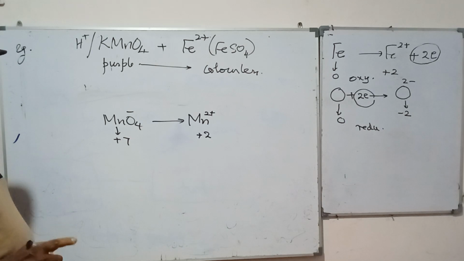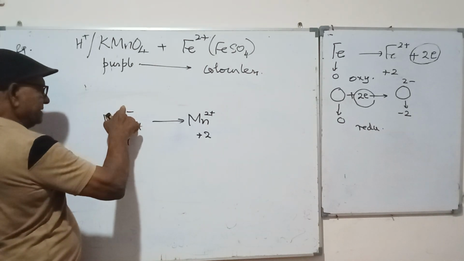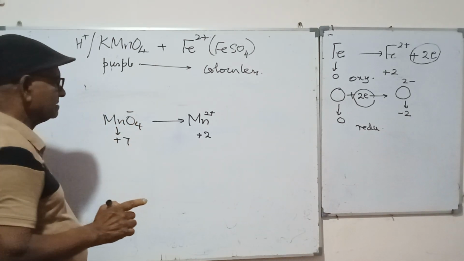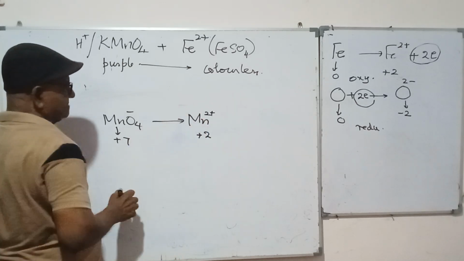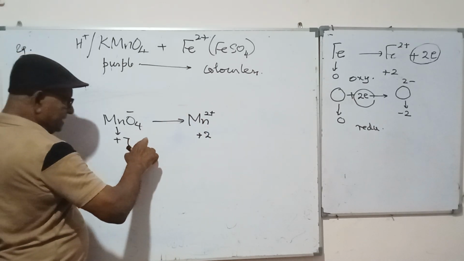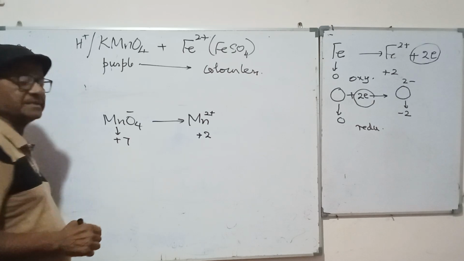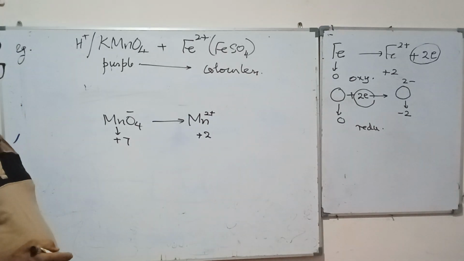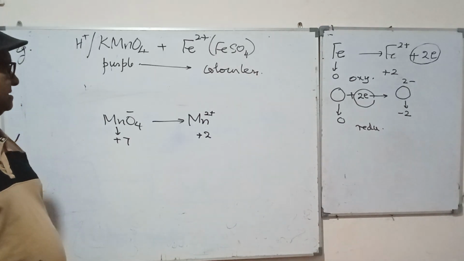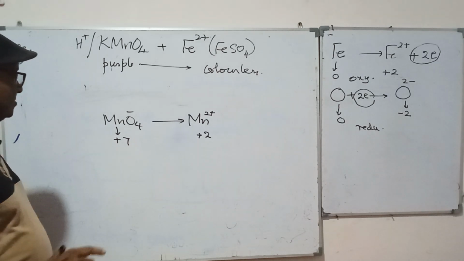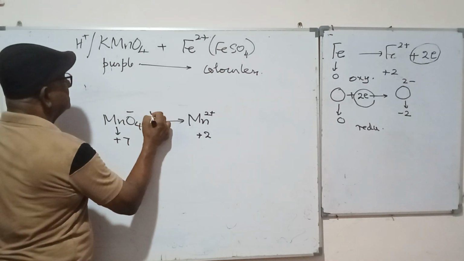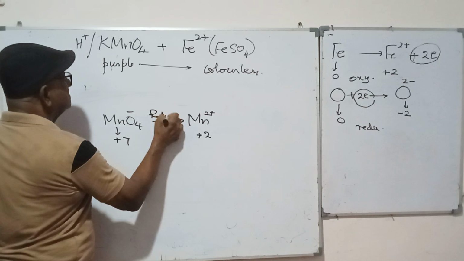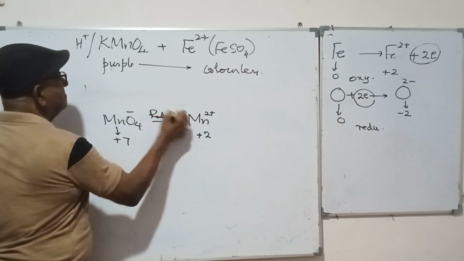During the reaction, the MnO4 minus complex ion becomes Mn2 plus. Decrease of the oxidation state occurs. So this is a reduction. Right?